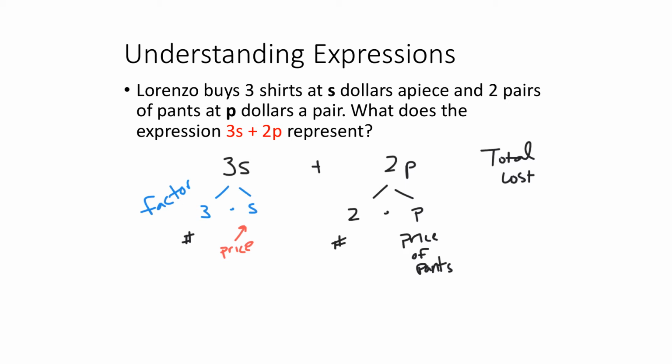In this case, 3s represents the cost of the shirts that he is going to purchase, and 2p represents the total cost of 2 pairs of pants. So it's about understanding how we can break those apart and understanding the different pieces.